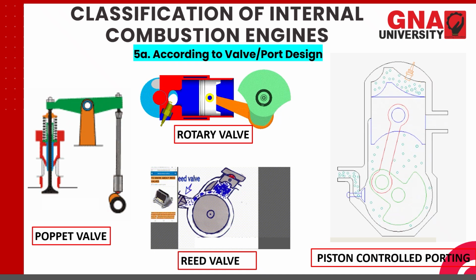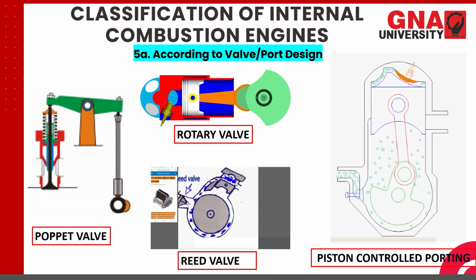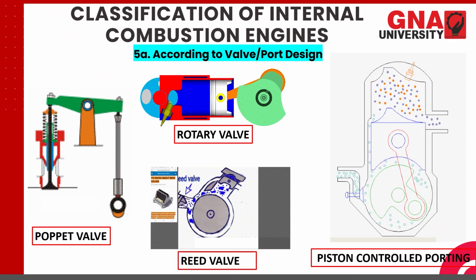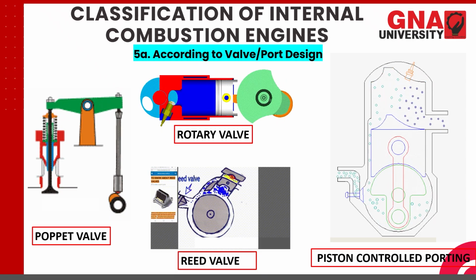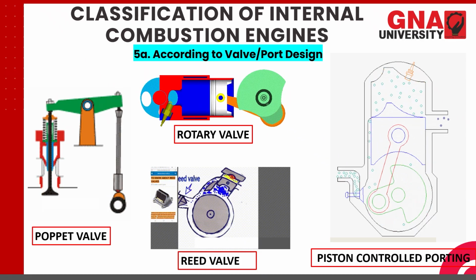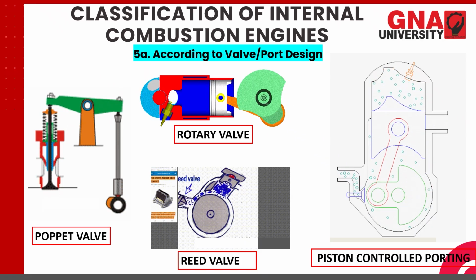The second type of valve is the rotary valve. In the rotary valve, the opening comes in front of the port through which the charge is sent inside the cylinder. Then the third one is the reed valve.